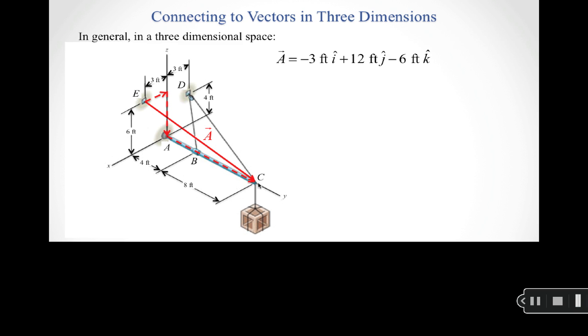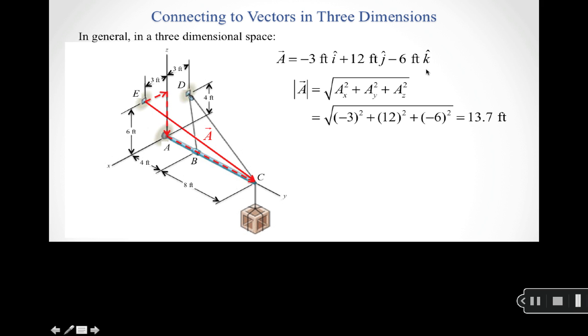So I'm able to read off the components from my picture. Negative 3 feet is the x component, negative 6 feet is the z component, and positive 12 feet is the y component.